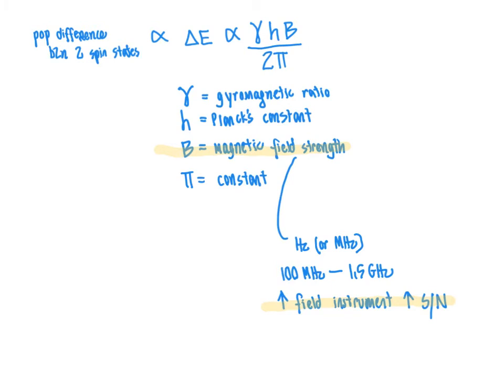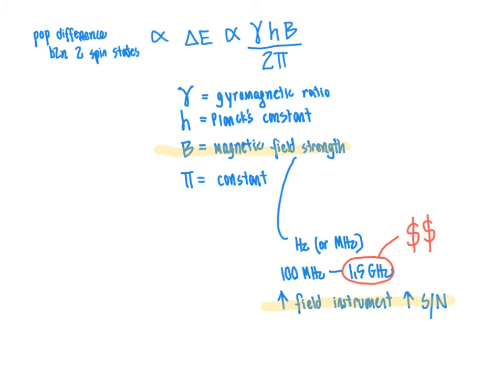The trade-off here, because there's always trade-offs in life, or otherwise everyone would use the super high magnetic field instruments, is that the more magnetic field strength, the more expensive the equipment becomes, and also oftentimes the more expensive the maintenance is of that particular instrument, and as a result, the user fees for using the instrument is often much higher as well.